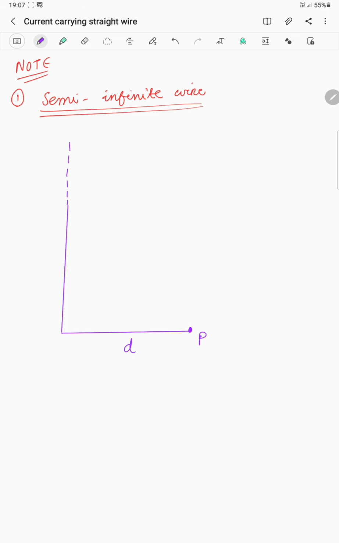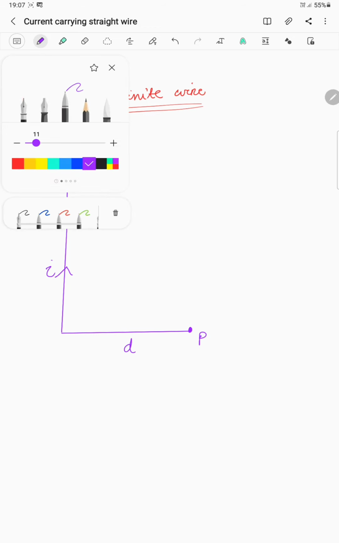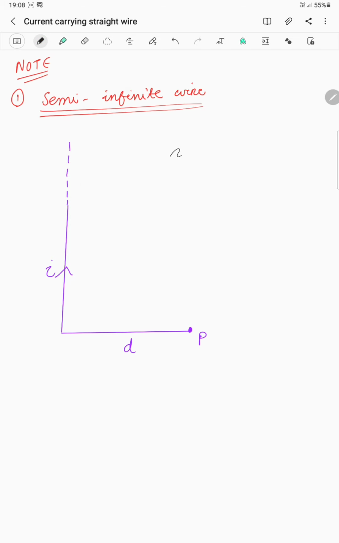At point P we are supposed to find out, current flows in this direction. Now how can I change my equation? So in this particular case, what do you think to be theta 1? Theta 1 will be how much? See, this angle, it was previously like this. Now it is infinite, means it will be going towards like this. So what will be the angle? It is 90 degree. So theta 1 will be 90 degree. Understood?